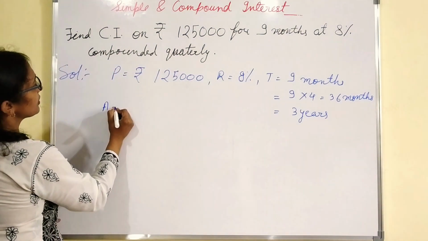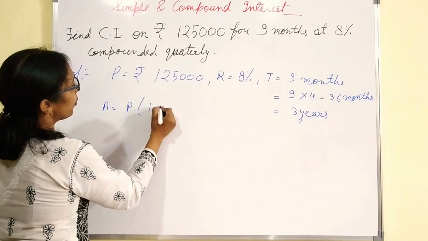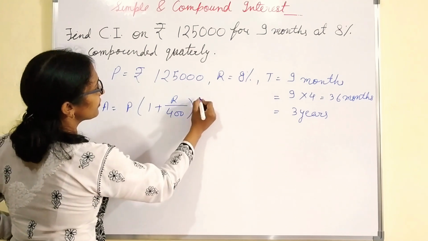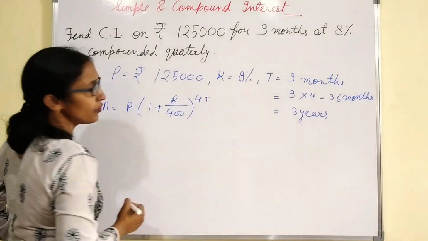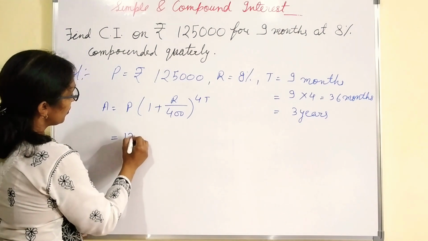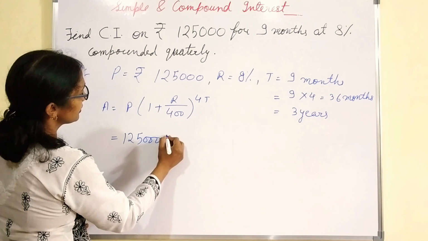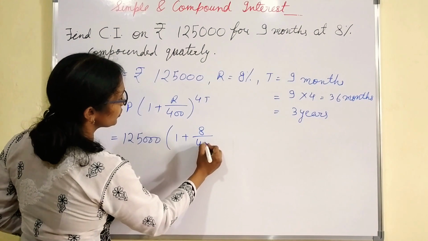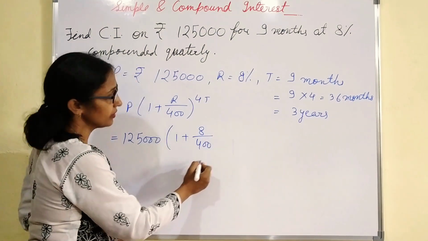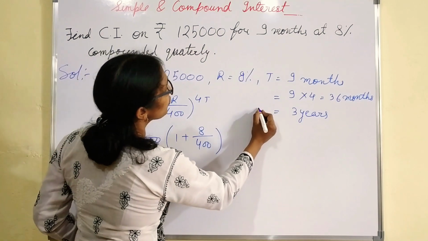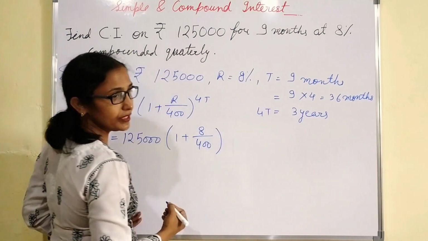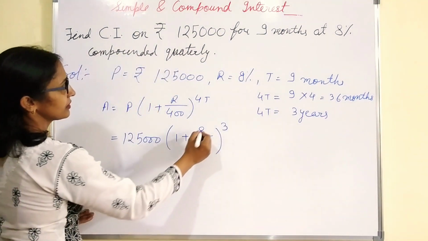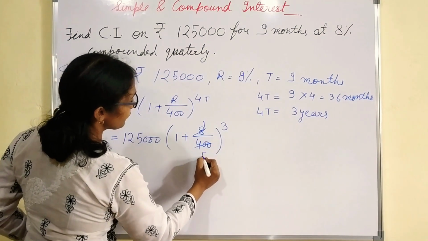So directly I will write here 3 years. Amount equals P(1 plus R upon 4 into 100, that is 400) whole power 4t. So 1,25,000 (1 plus 8 upon 400) power, directly value of 4t is 3 years. 8 ones are 8, 8 fives are 40.